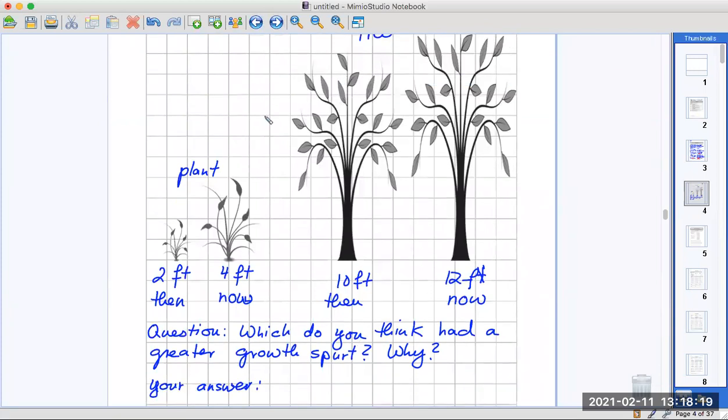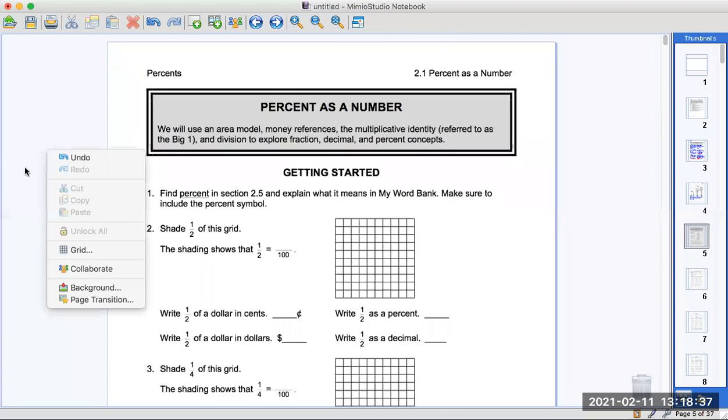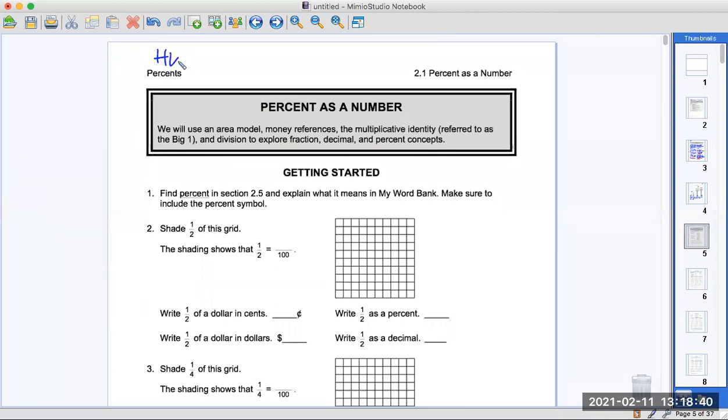It's your opinion, what you think. Those questions are never totally right or wrong, whatever you're thinking about, okay? And then we are going to the next page. This is getting started, which is always a good homework thing because it usually is super easy. So I'm going to give you that as homework.